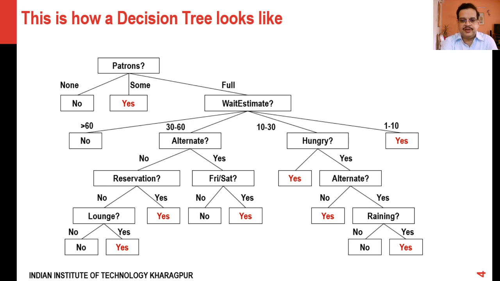So we are given the data, the table that you saw in the previous slide, and the output of the decision tree learning algorithm is the decision tree that you see here. Of course, the data that I showed in the previous slide is only a subset of the full data. In the real data, we will have many such rows based on which it will take this statistical learning to come up with this decision tree.